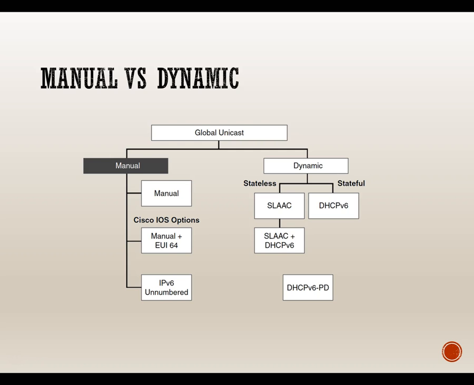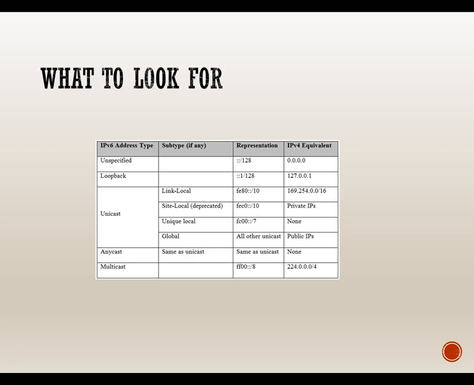The other one was stateless autoconfiguration, and we can use stateless along with DHCP. But with stateless, again, the router sends us the prefix, the network address, and then the device configures the host address.